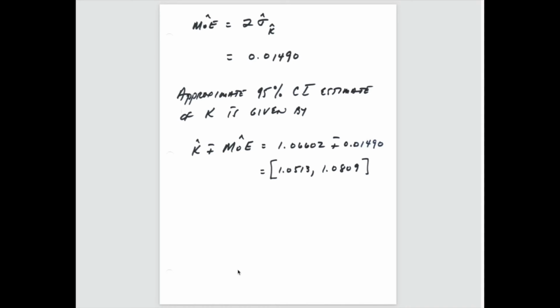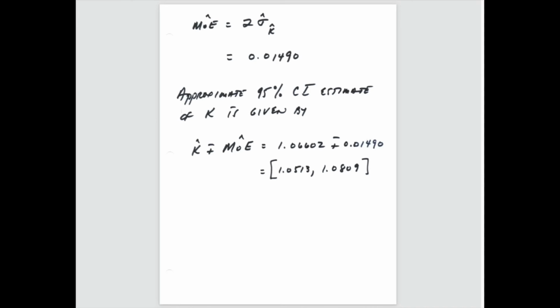Recall that k hat was equal to 1.06602. When we do the subtraction, we get 1.0513. So this is the lower confidence limit for k. And then we also add the 0.01490 to the 1.06602 to get the upper endpoint of the confidence interval.